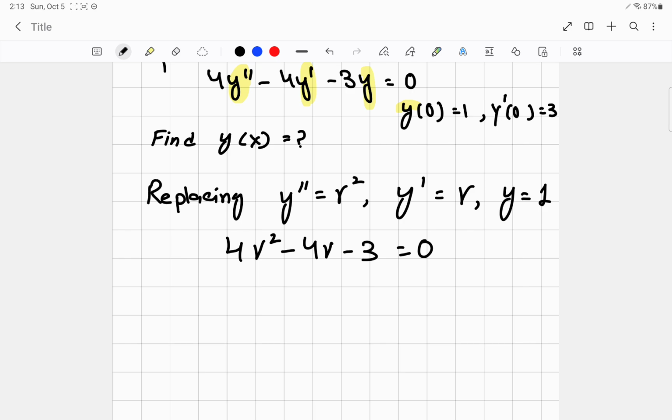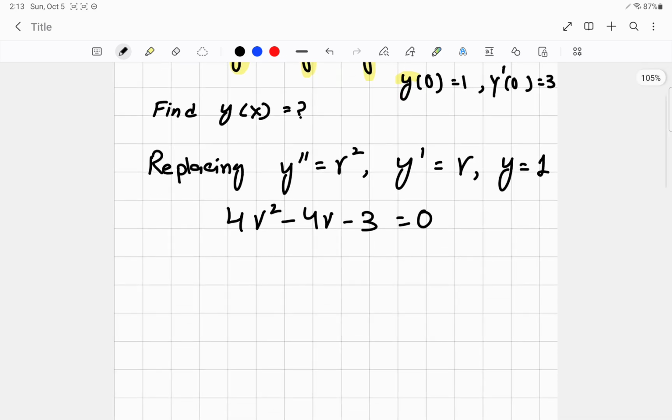Okay, so now there are two ways to solve the characteristic equation: by middle term breaking, and the second one using the quadratic formula. So I think we can do it by middle term breaking. So that will become 4r square minus 6r plus 2r minus 3 equals 0.